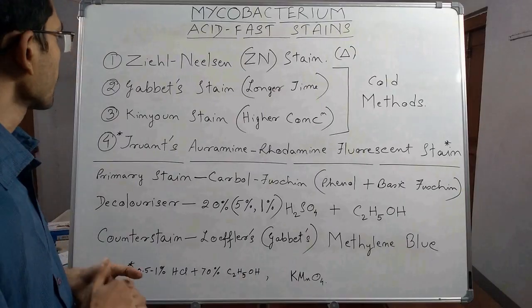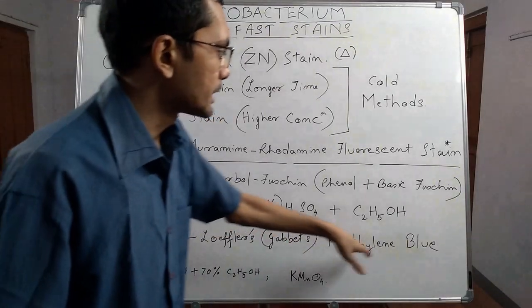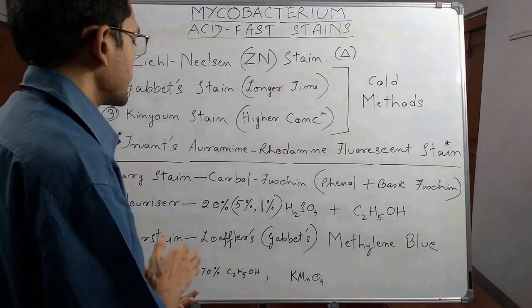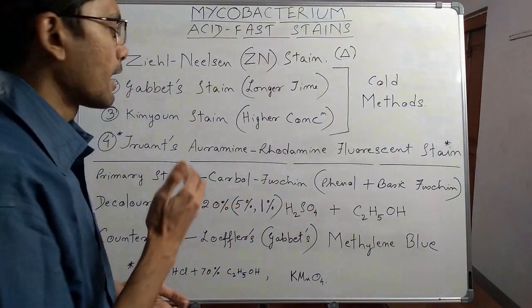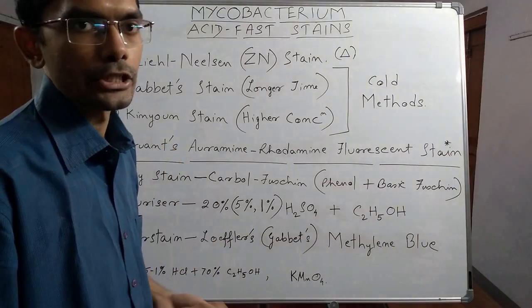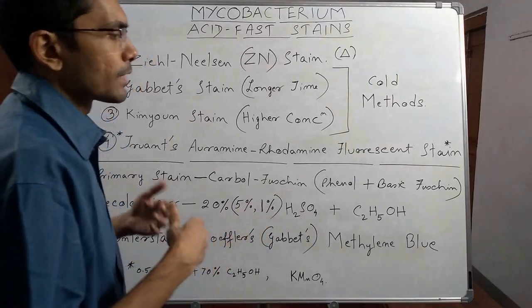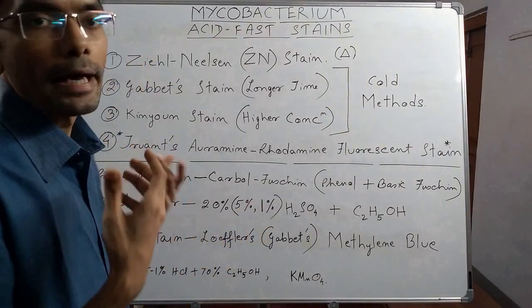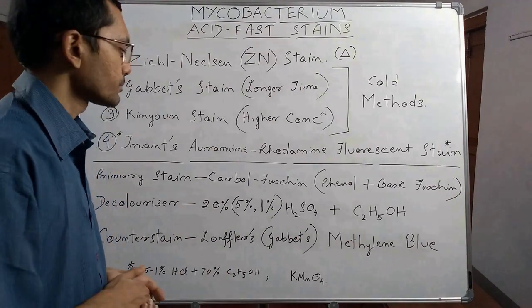One thing to be noted over here, the counter stain used in Gabbett's technique is called Gabbett's methylene blue. Now, different concentrations of sulfuric acid used in the decolorizer have served different applications. Like 20% sulfuric acid helps us stain Mycobacterium tuberculosis, the causative agent of tuberculosis.